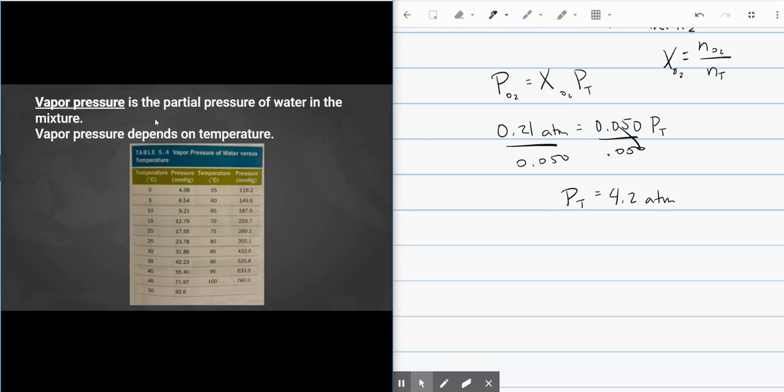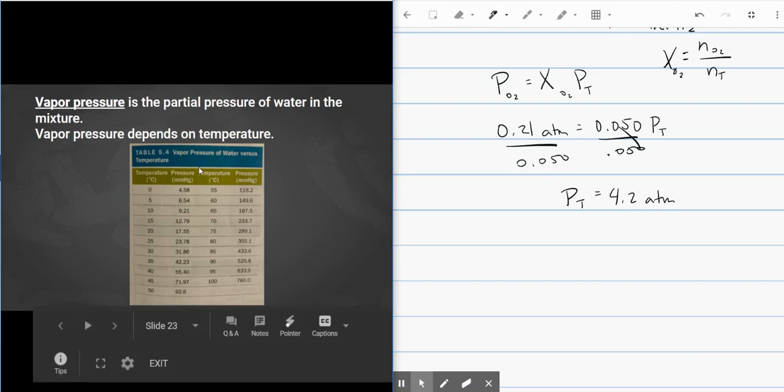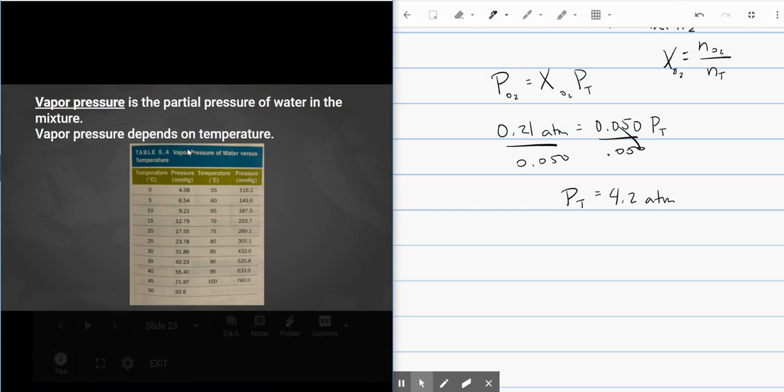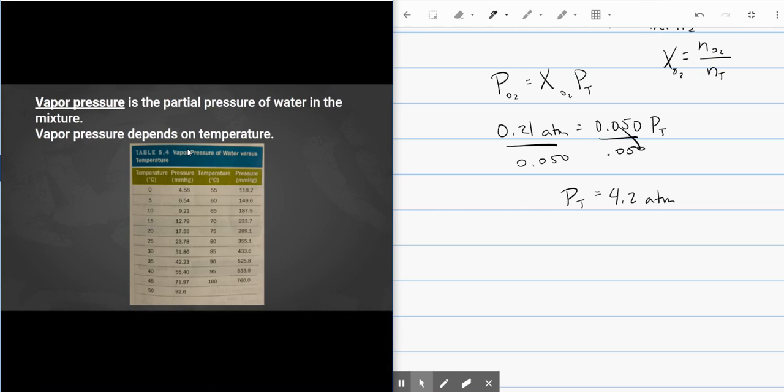The vapor pressure depends on temperature because the warmer the water, the more molecules will be able to escape the surface and go into the vapor phase. So we're going to use this chart, which is in your book on page 219, to look up the vapor pressure of water at various temperatures.